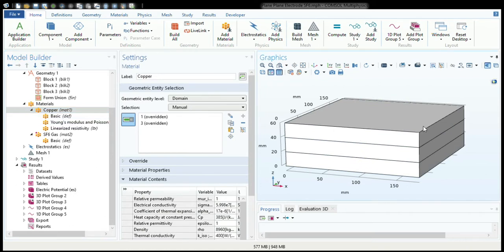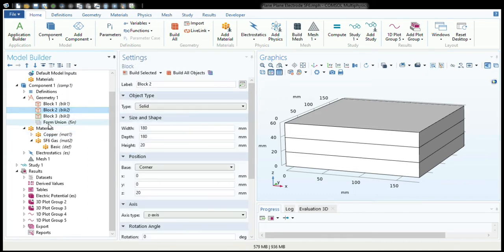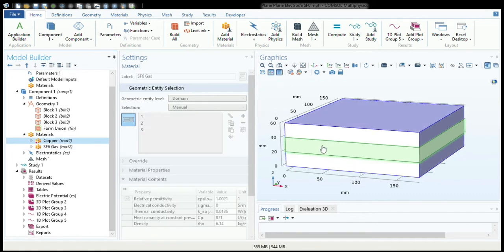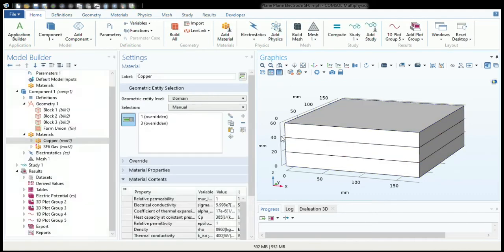Like I said just now, the upper part is copper electrode and the middle is filled with sulfur hexafluoride. The surrounding of this structure is set to be vacuum so that no current will be conducted outside of this structure and we can get a proper result.